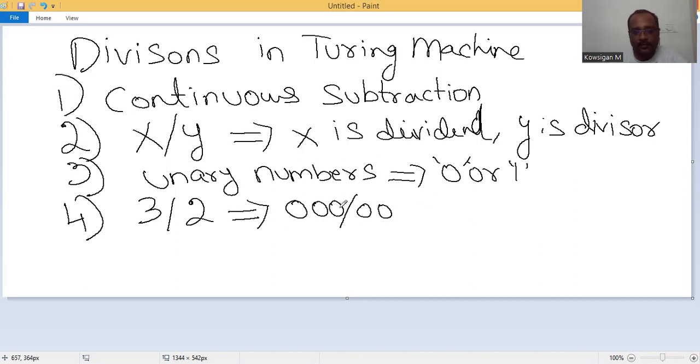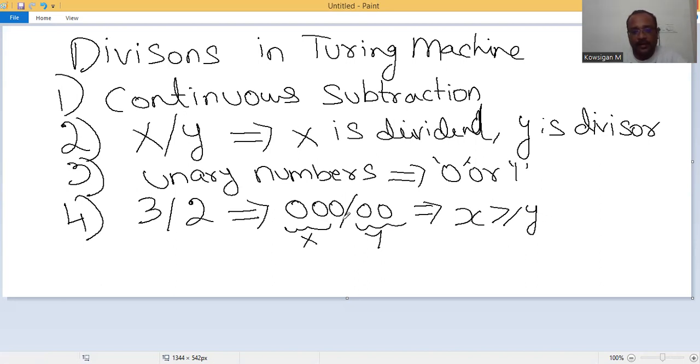Here, this part is called x and this part is called y. What we are going to do is subtract y continuously from x, until x is greater than or equal to y.